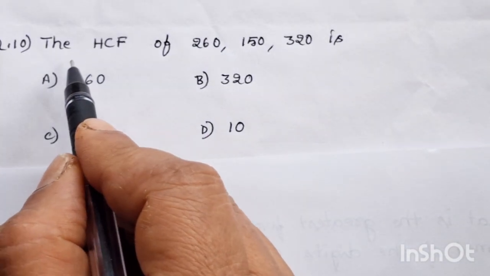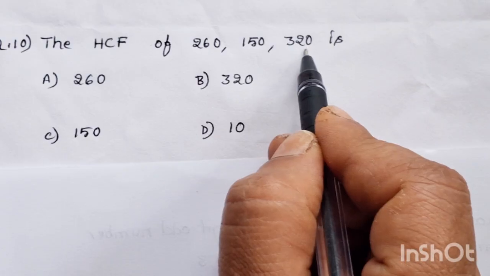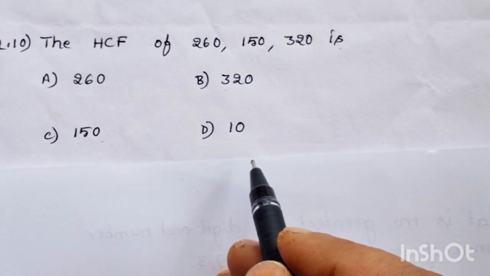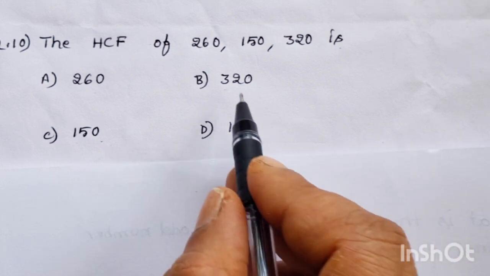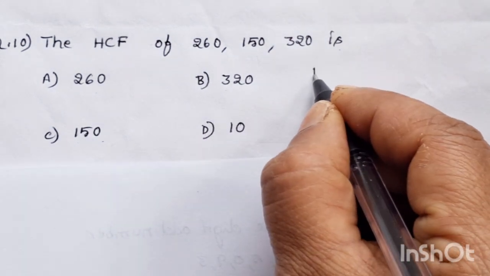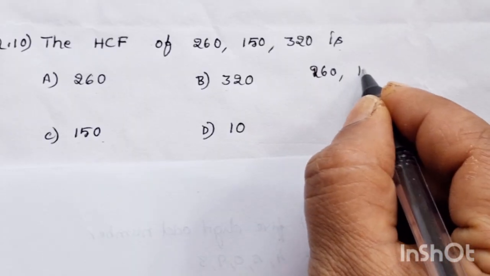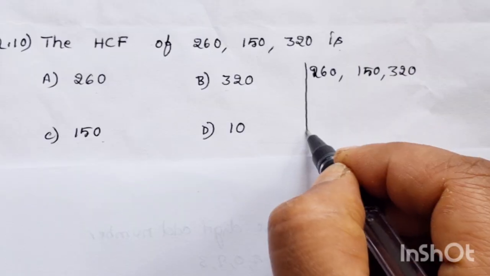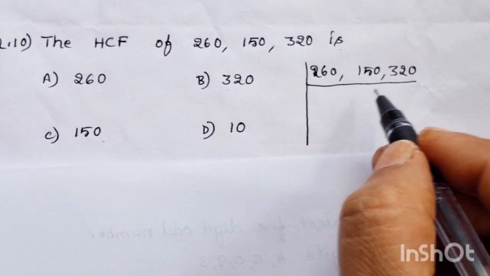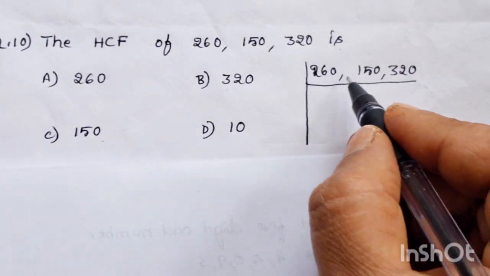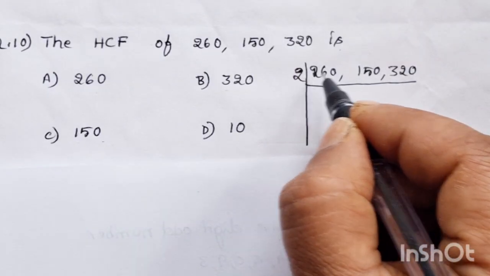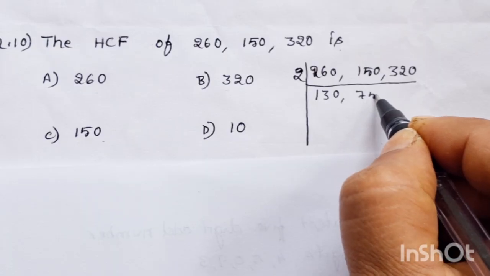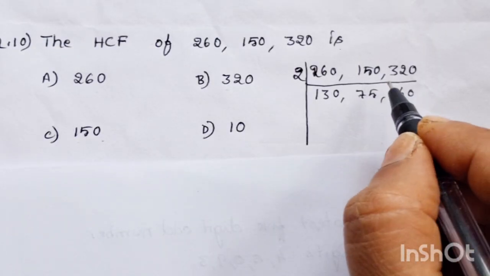Last question, the 10th question. The HCF of 260, 150 and 320 is, options: 260, 320, 150 and 10. Take the numbers given first, that is 260, 150 and 320. To find the HCF, we must go on dividing the numbers by the least prime number. That prime number must divide all the numbers. So we divide by 2 and it becomes 130, 75 and 160.